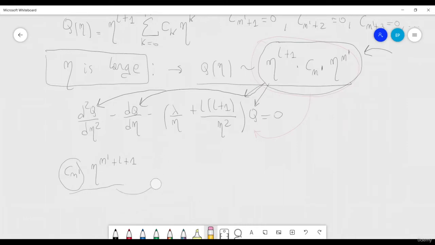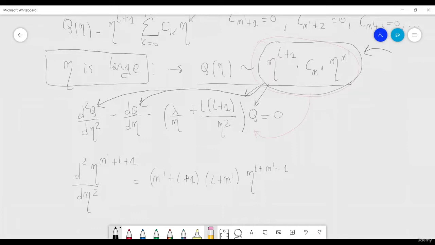So what we are really interested in analyzing is just this power of eta to the power n prime plus L plus 1. So if we take the second derivative of this term here, this will just be equal to n prime plus L plus 1 times L plus n prime times eta to the power L plus n prime minus 1, because we have to subtract 2 from 1 here.